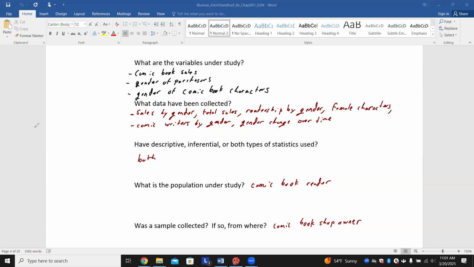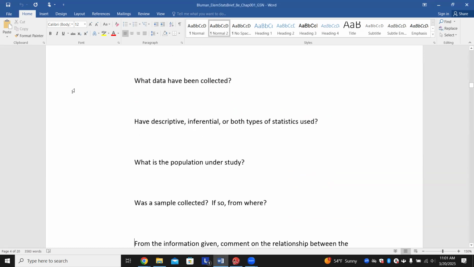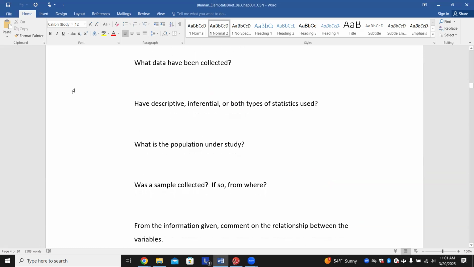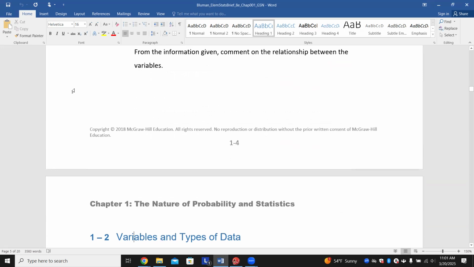All right, another quick question there. It says from the information given, comment on the relationship between the variables. So now it's asking you to infer something from it.